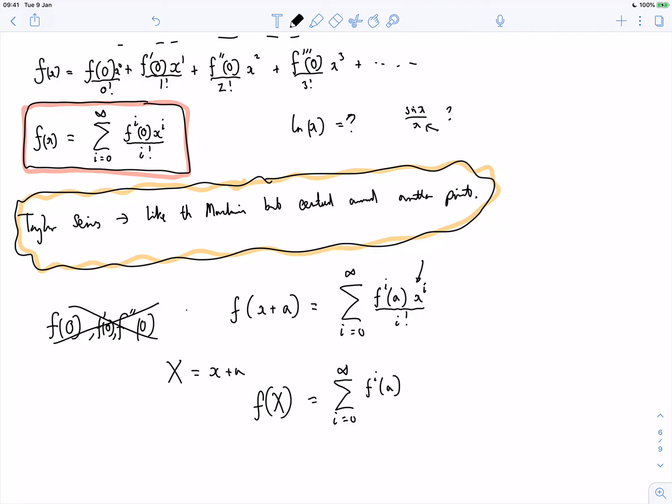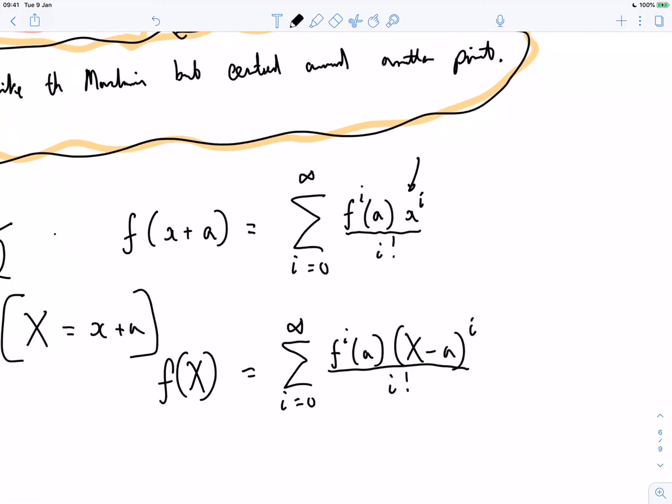But now I don't have little x anymore. If I look at this substitution, then capital X minus a equals little x. So I've actually got capital X minus little a to the i over i factorial now.